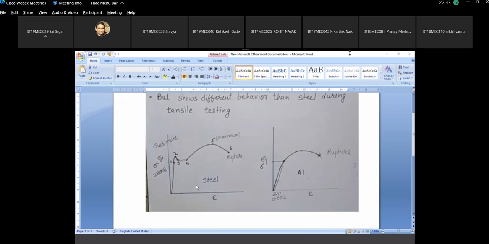So this first graph shows the stress strain curve for the mild steel, while this graph shows the stress strain curve for aluminium. So in mild steel, we can see that there is a clear yield point, as we have discussed in the earlier class.